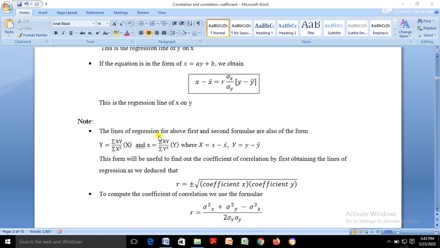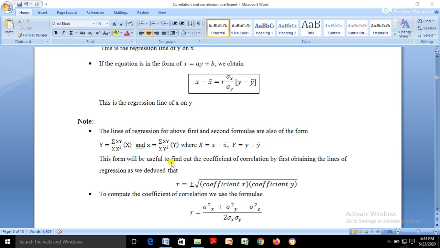Note, the lines of regression for the first and second formula are also of the form capital Y equal to summation of capital XY divided by summation of capital X square into capital X, and capital X equal to summation of capital XY divided by summation of capital Y square into capital Y, where capital X equal to small x minus x bar, and capital Y equal to small y minus y bar.